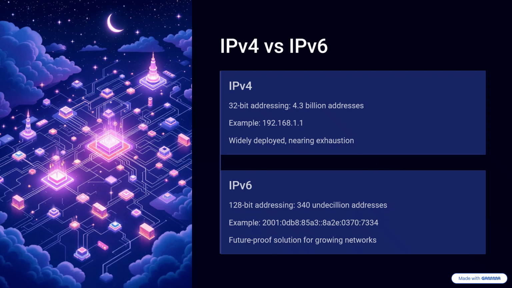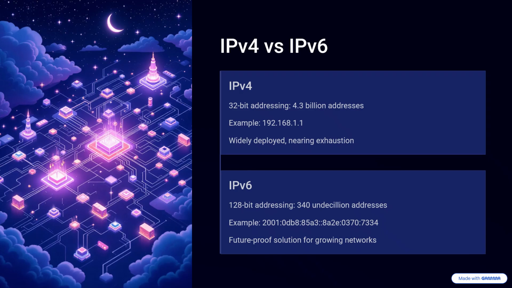Now, we'll have a comparison between IPv4 and IPv6. As we have seen in the previous slide, IP stands for Internet Protocol, IPv4 is Internet Protocol version 4 and IPv6 is Internet Protocol version 6. IPv4 is using 32-bit addresses and supports about 4.3 billion devices.